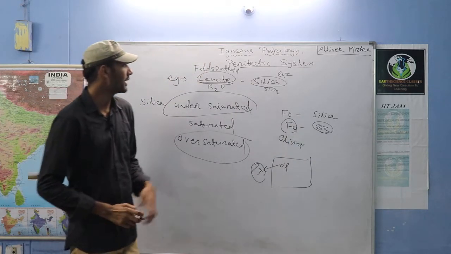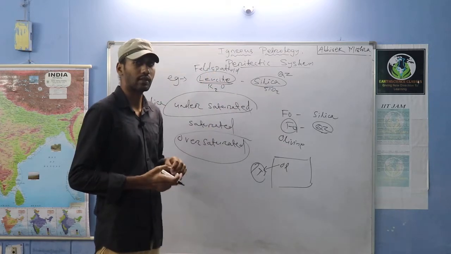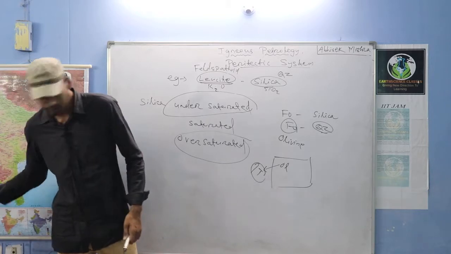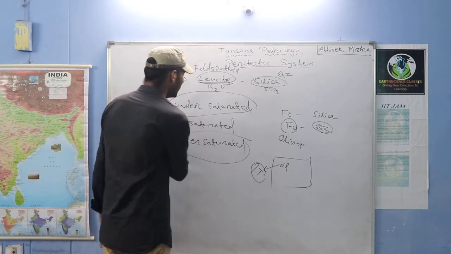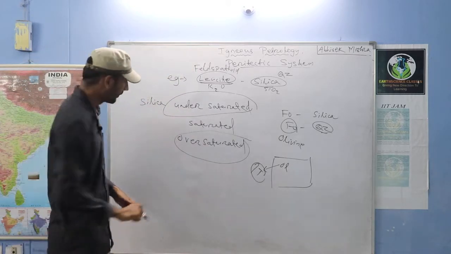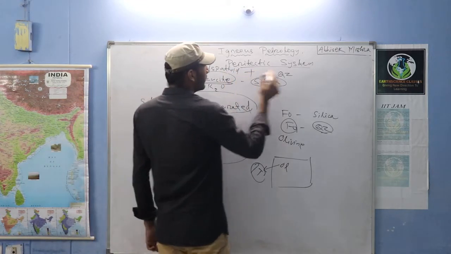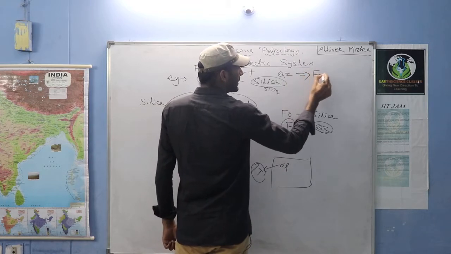We also know that feldspathoids cannot occur with quartz. If feldspathoids react with quartz, what will they form? They will form feldspar.